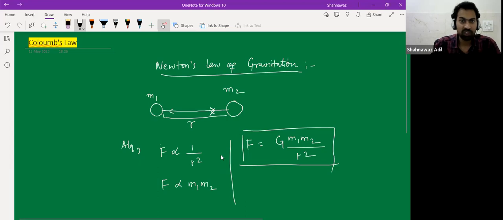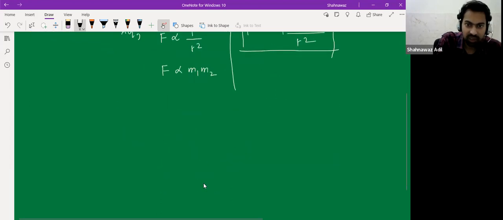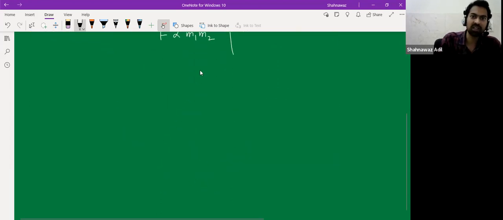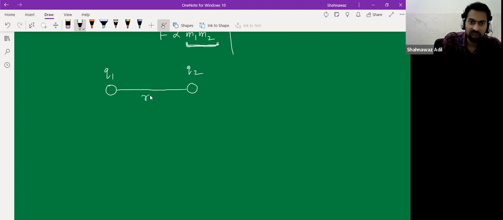Right. So similarly, you have Coulomb's law. Coulomb's law is about the charges. We discussed these masses. What happens when you have some charges? Let's say this has some charge q1 and this has some charge q2, right? So they will also experience some force, and the separation between them is r.